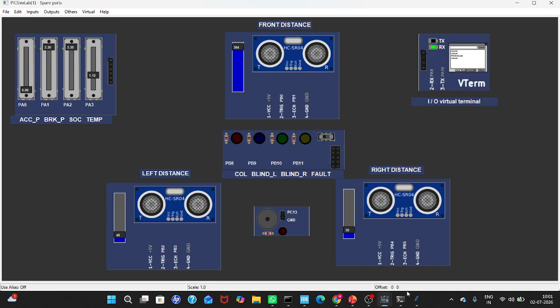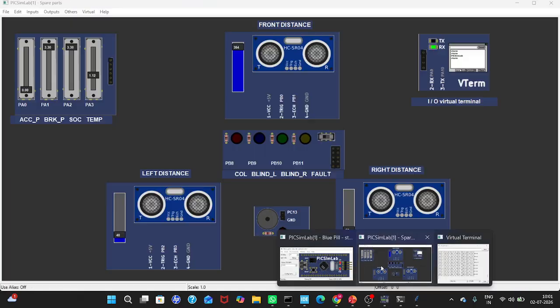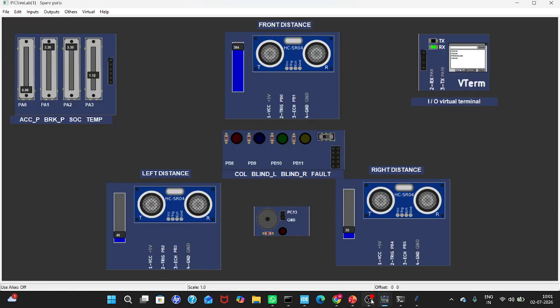And now, if we observe this condition, initially we have seen it is 10 kilometers per hour, but when we decrease it to 0, automatically we can observe the acceleration is reducing. Here we have set the brake pedal to very high.